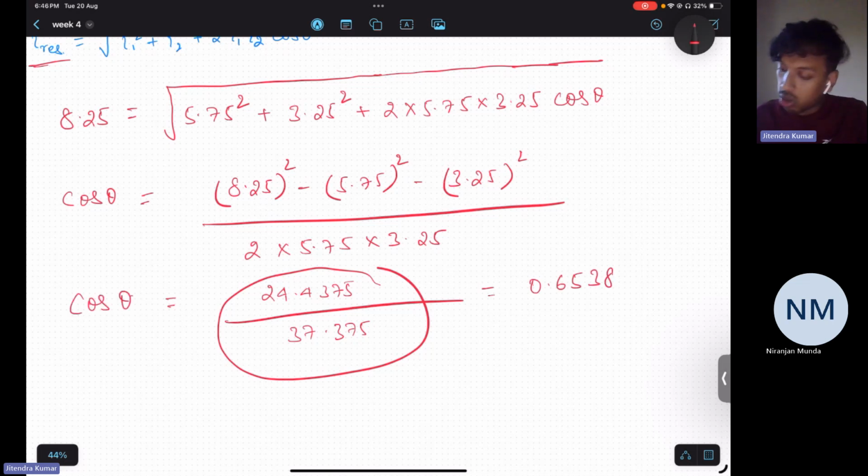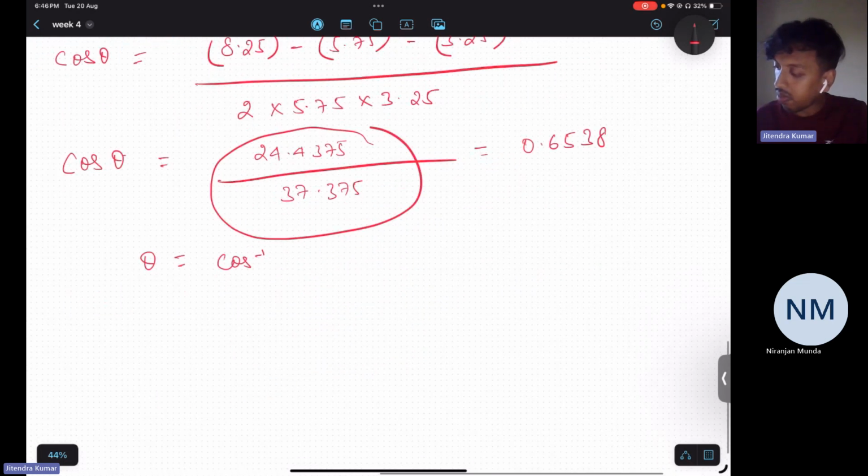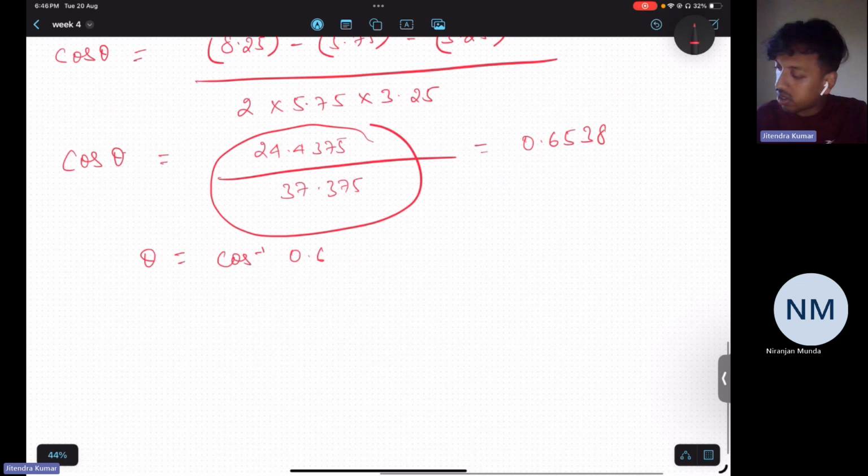Okay, now we can also calculate theta, which is cos inverse of 0.6538. So cos inverse of it is 49.17 degrees.